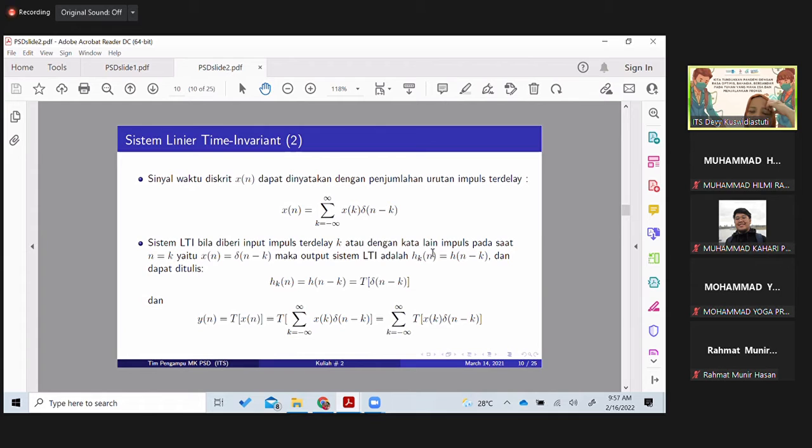This is the variation of notation that you could use for defining an impulse response of the system.